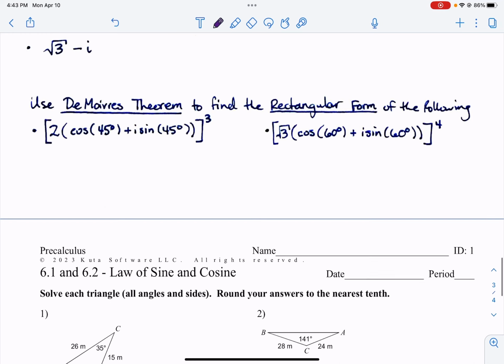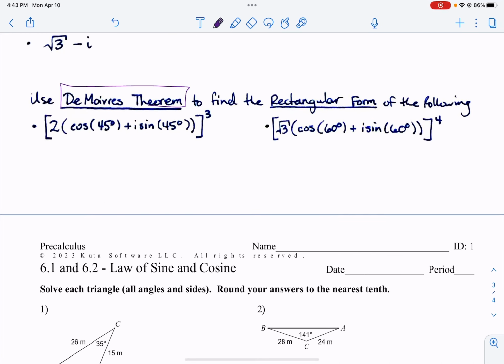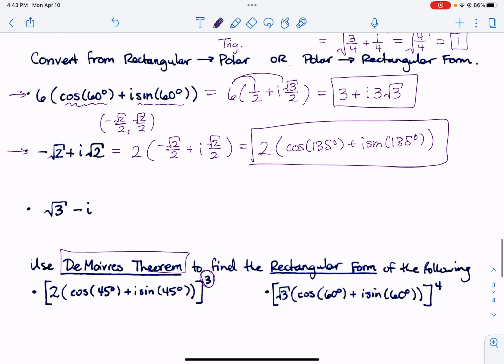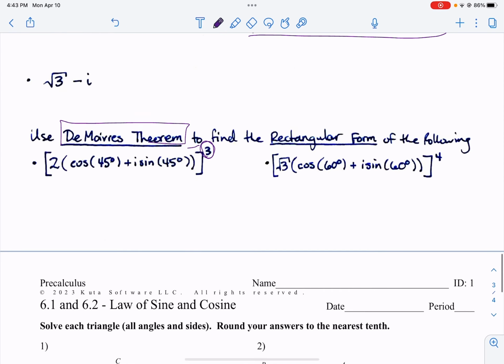So De Moivre's theorem, this is something I'll probably provide to you on the test. But essentially, what this problem boils down to is you take that number and put it as a power on this number, which is your absolute value, by the way, right? That number in front, if your complex number is in polar form, that's your absolute value.